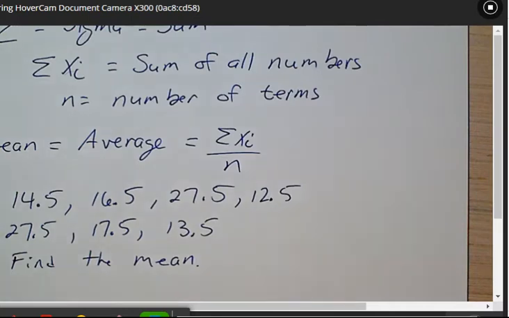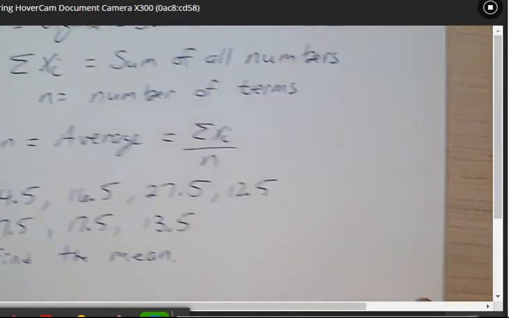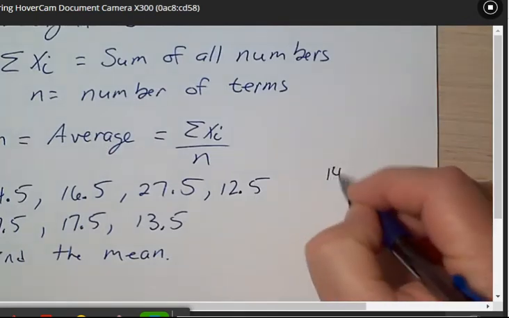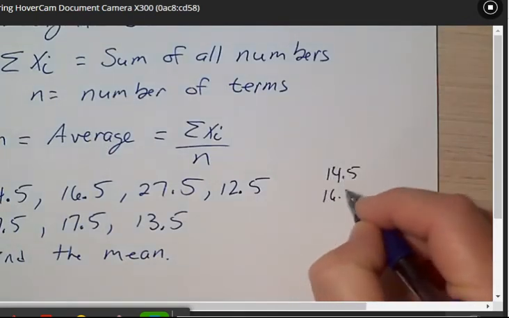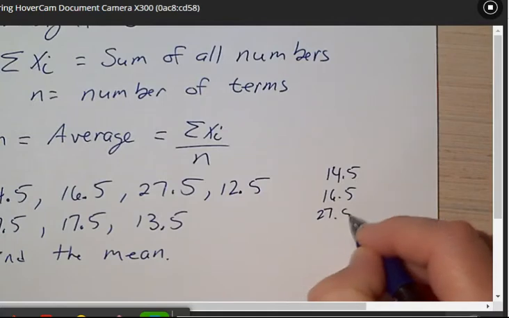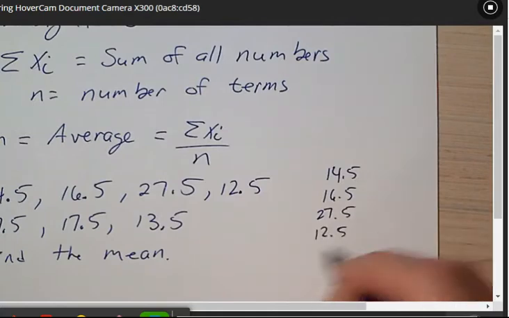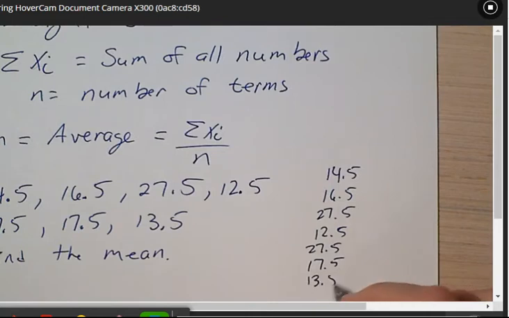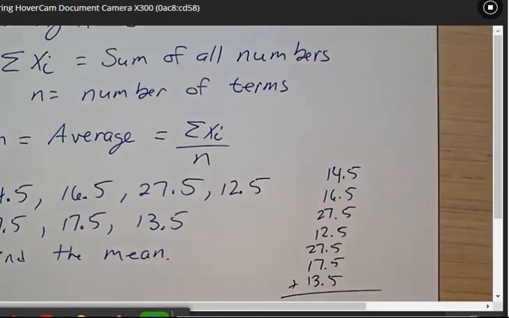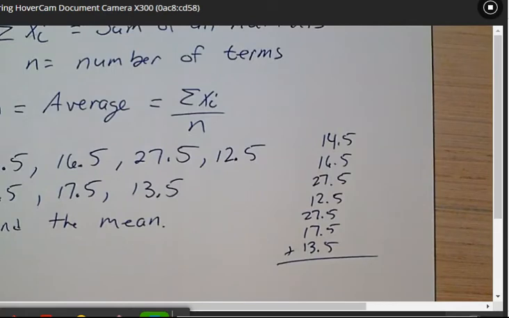Okay, and it's pretty straightforward. Just take the different numbers that you have and just go back and add up all the numbers. So just add all those numbers together. And I forgot my calculator, so give me 1 second.